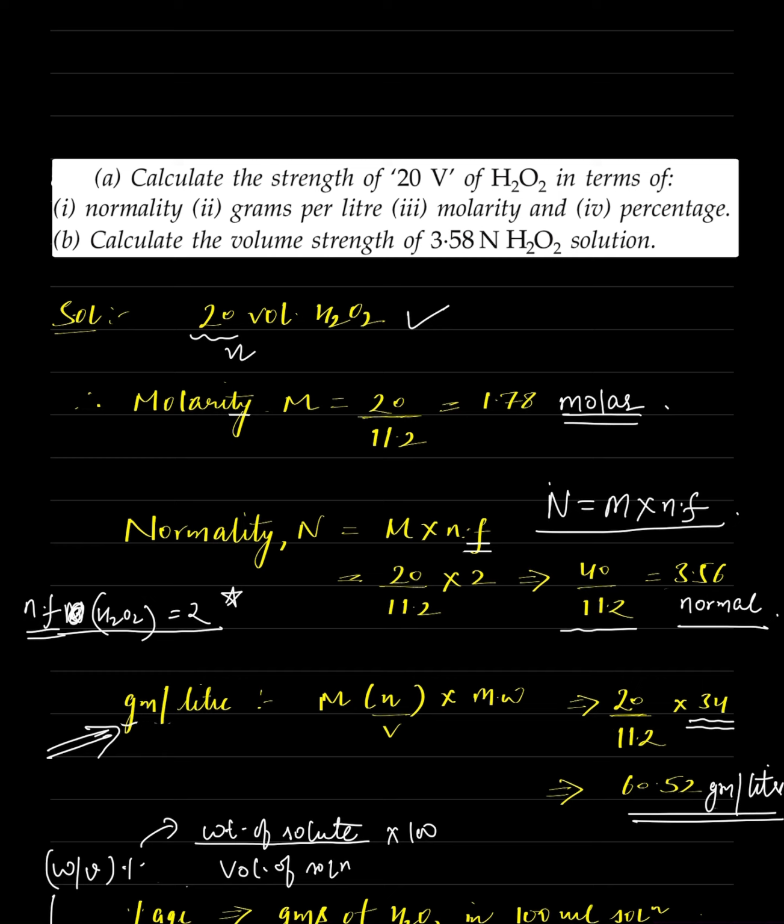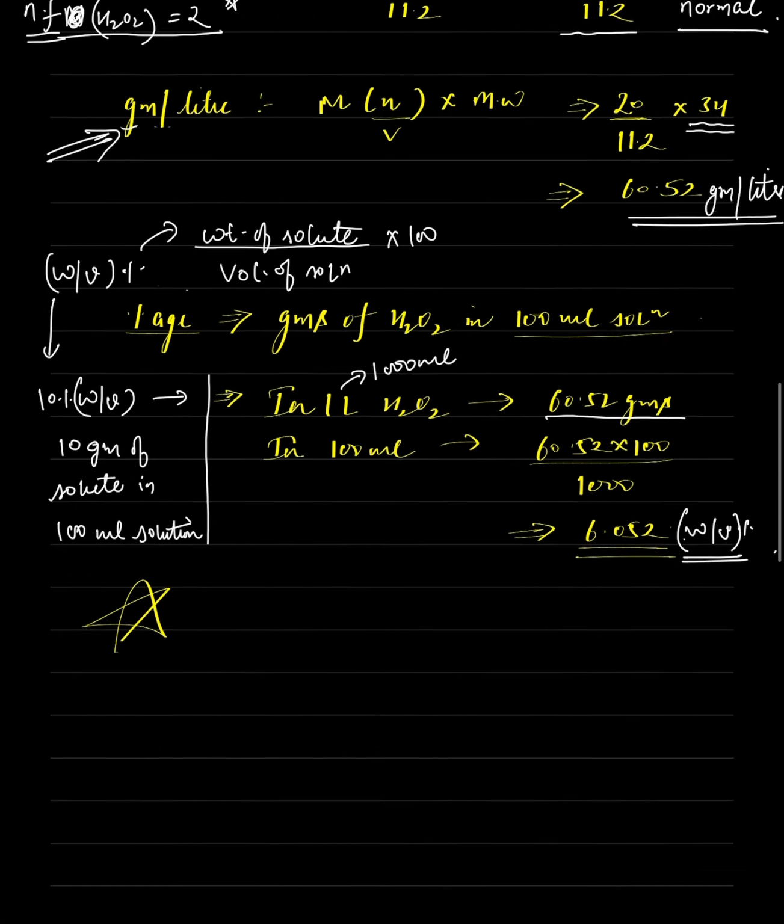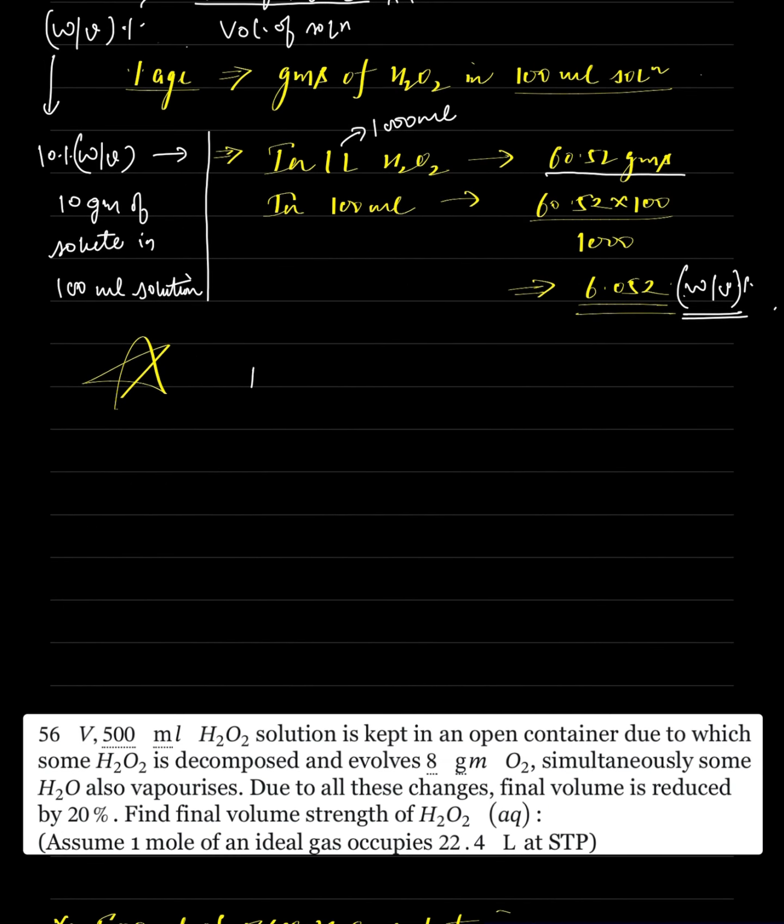Now part B says calculate the volume strength of 3.58 normal H2O2 solution. In part B we are given the normality, which is equal to 3.58. Now we know that normality is equal to molarity into n factor, and n factor of H2O2 is 2. So molarity comes out to be 3.58 divided by 2.